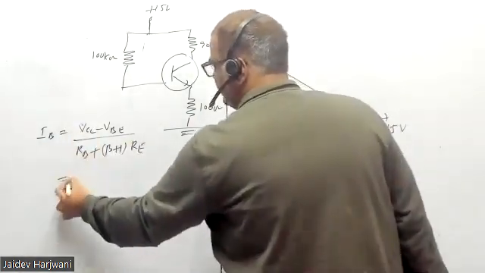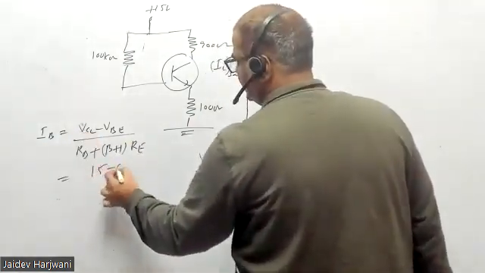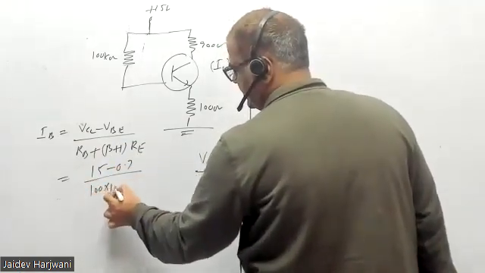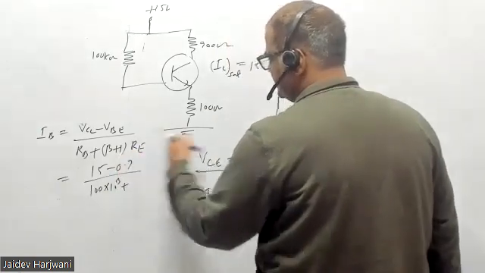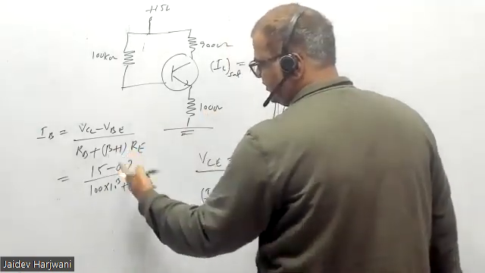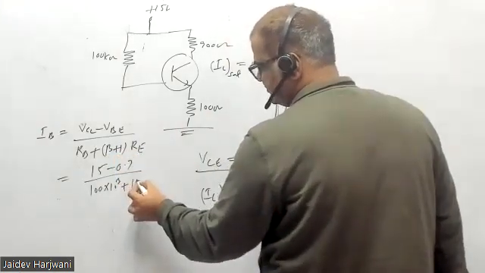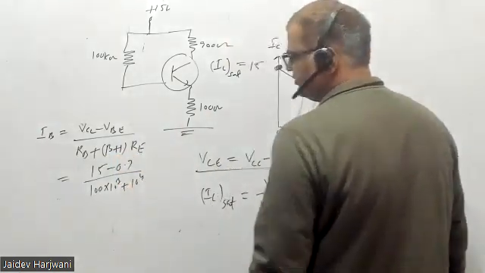This is the equation of IB, that is 15 minus 0.7, RB is 100 kilo ohm, plus if it is 100 ohm and this is 100, I'll take this 100, so 100 into 100, that is 10 raised to power 4.